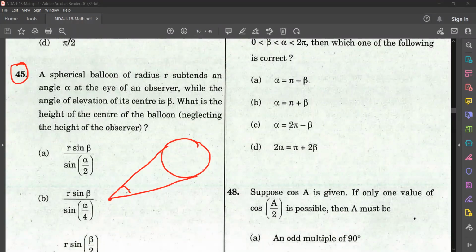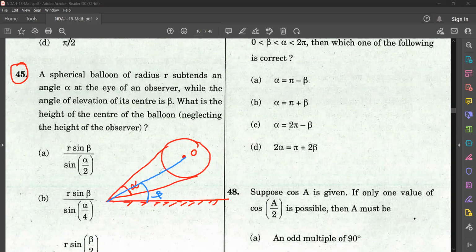So if this is the eye of the observer, it is subtending an angle alpha at the eye of the observer. While the angle of elevation of its center, so this is the center, and this is the ground. Angle of elevation of the center means this angle. That angle is beta.